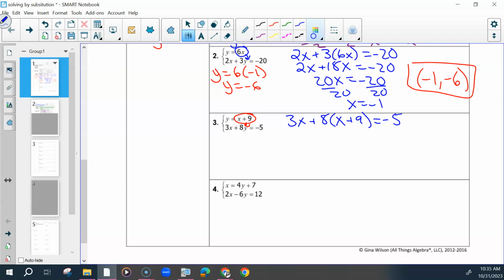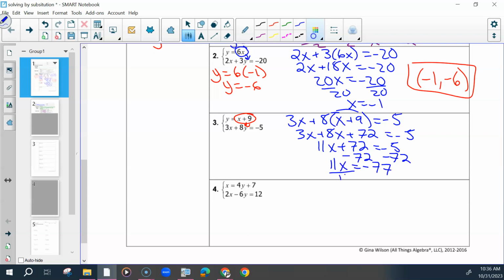And then solve. Distribute the 8. Combine like terms. Get rid of the 72 by subtracting. Divide both sides by 11.